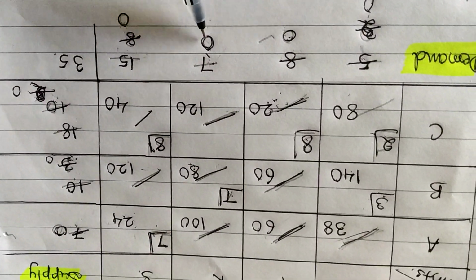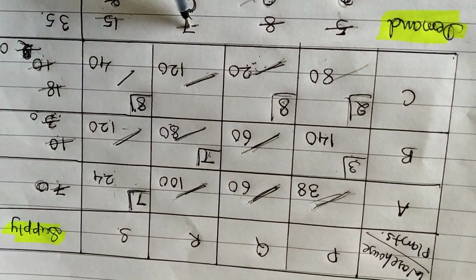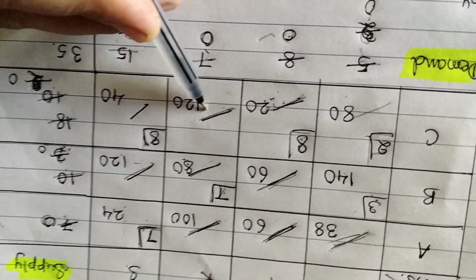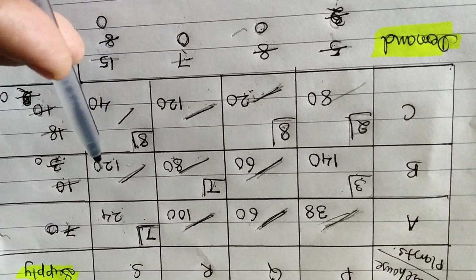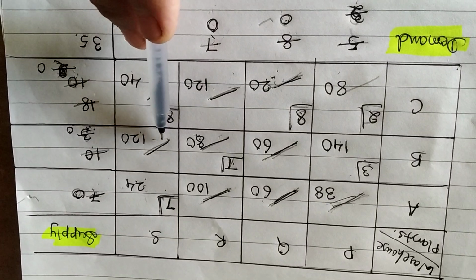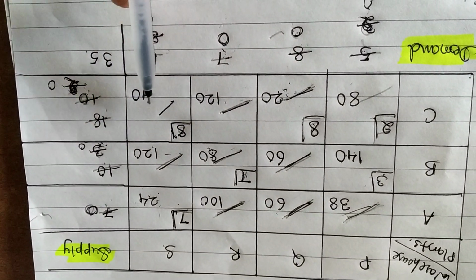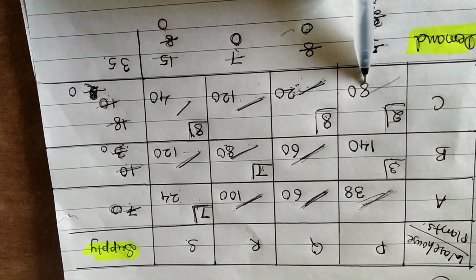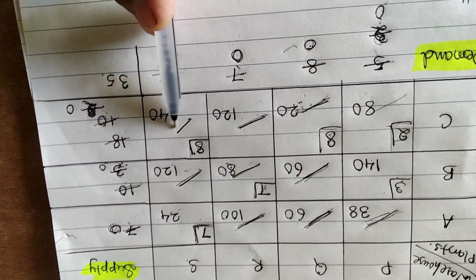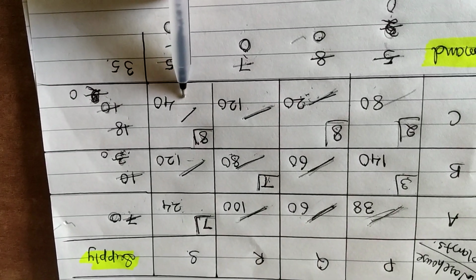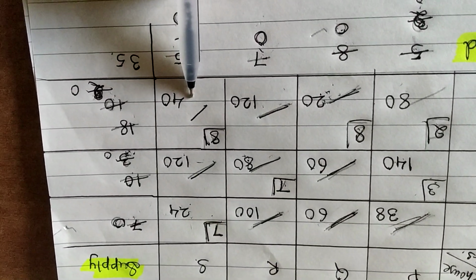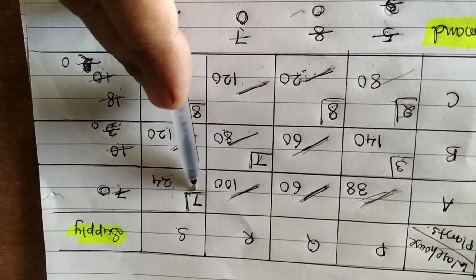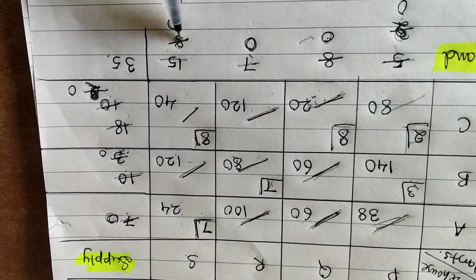This column is 0. Next, which is the smallest number? The smallest number coming is 40, also the smallest number. You know 15 minus 7 is equal to 8.